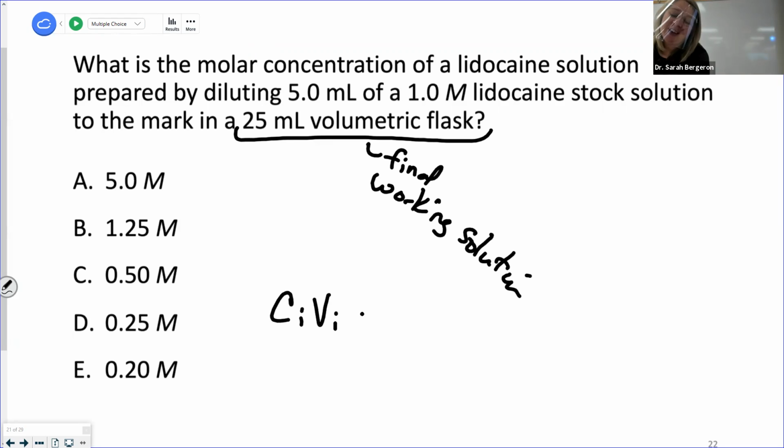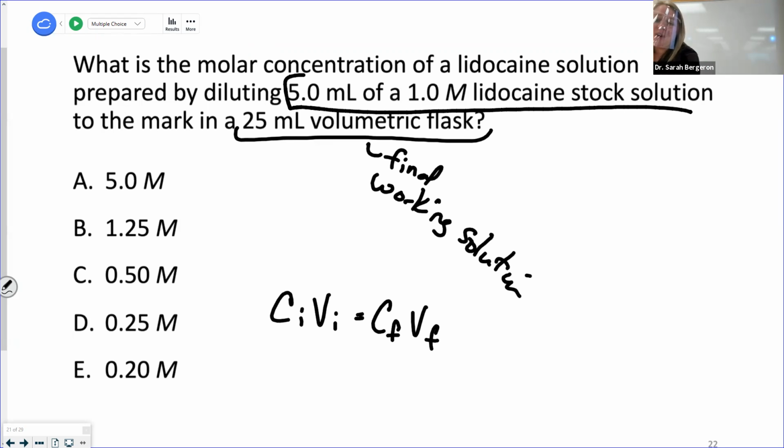All right, so what formula did you use? CiVi is equal to CfVf, right? Okay, so we're diluting 5 milliliters of a 1 molar lidocaine stock solution. So the stock is always our initial, right?